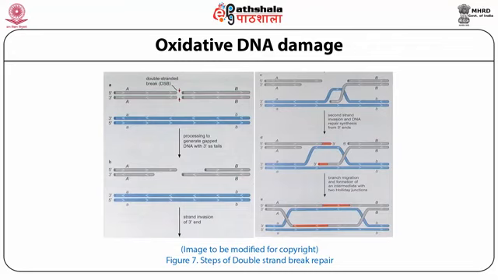Using the undamaged strands as a template, the gaps generated by the action of RecBCD are filled by DNA polymerase, followed by the action of DNA ligase, which seals the nick.